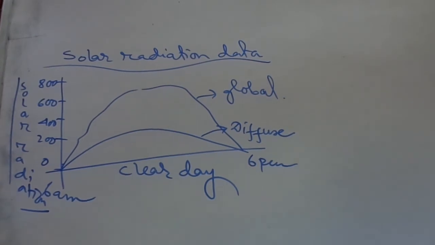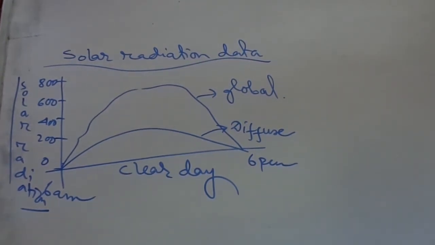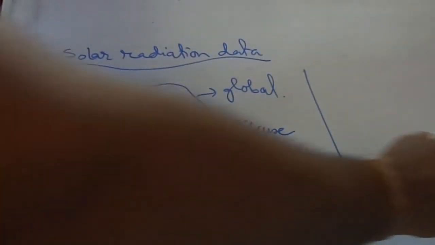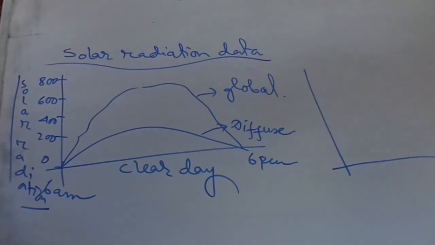If that is a cloudy day, this is the diffuse and this is the global.